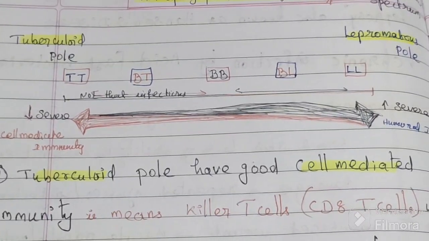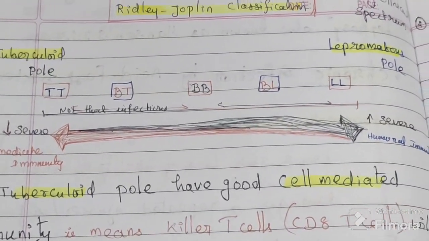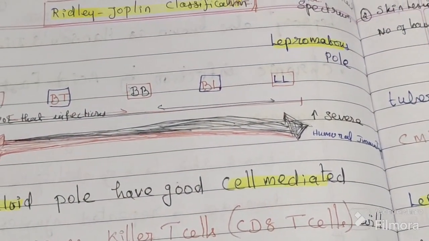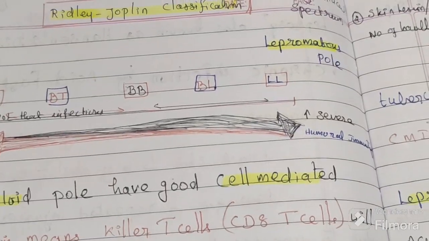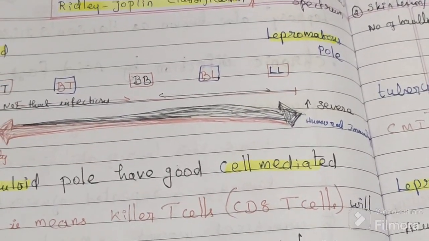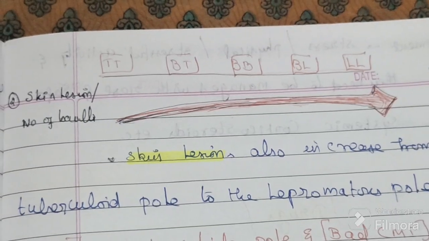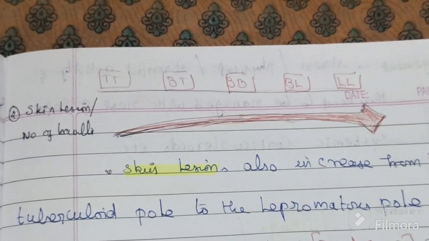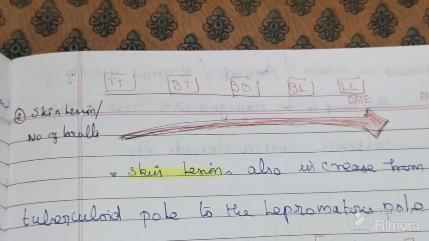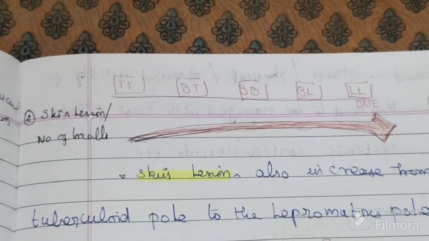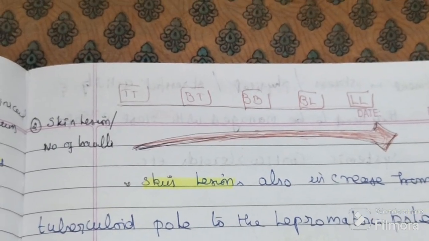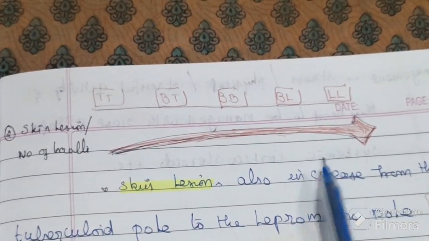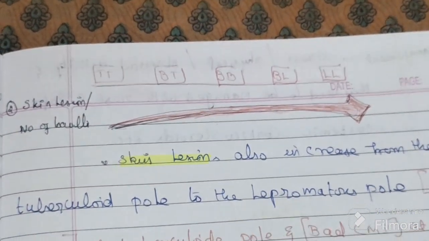As we go from the tuberculoid pole to the lepromatous pole, the cell-mediated immunity decreases and tapers down. That's why the lepromatous pole is more severe and more infectious. The skin lesions and number of bacilli in the lesion also increase from the tuberculoid pole to the lepromatous pole because of the same reason.